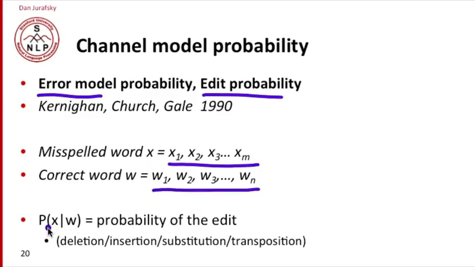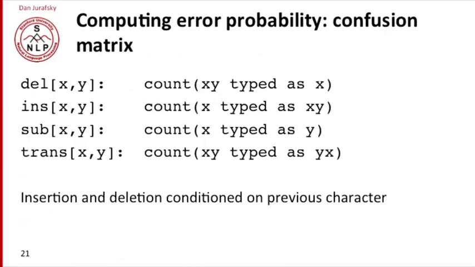Now the probability of the edit X given W is going to be some set of deletions or insertions or substitutions or transpositions, some set of edits. The way that we're going to model that is we're going to create a confusion matrix. A confusion matrix says for any given letter, pair of letters, how likely is a particular edit to happen.